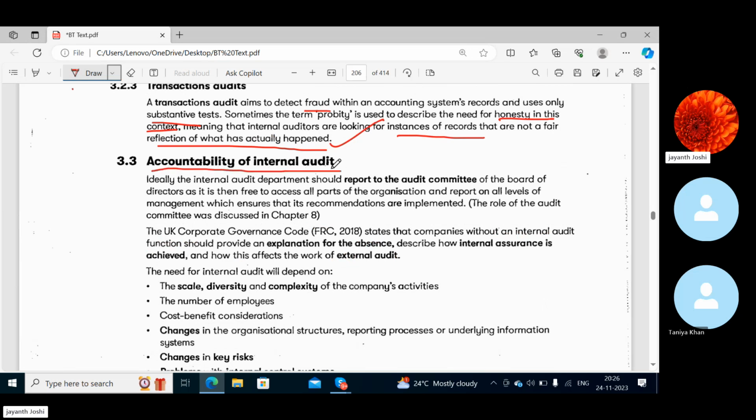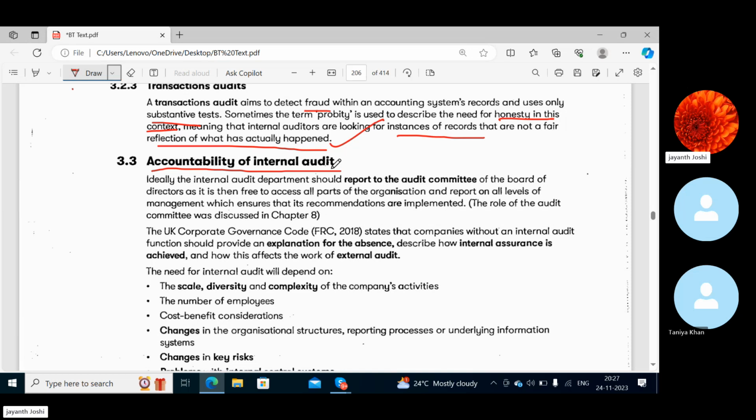Accountability of internal audit. Ideally, the internal audit department should report to the audit committee of the board of directors. So the internal audit department is under the audit committee. The audit committee makes sure that all the internal audits are performed. The audit committee has board of directors as its members, so it is free to access all parts of the organization and report on all levels of management, which ensures that its recommendations are implemented.